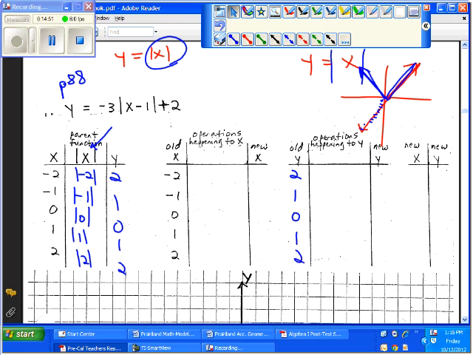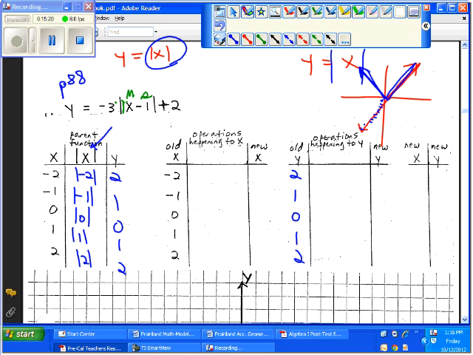And we're going to look at the effect that those new numbers are going to have on the x and y of those parent functions. We're going to graph the new equation based on the transformation of the parent function points. So what happens to x is what's on the inside, in the reverse order of operations.